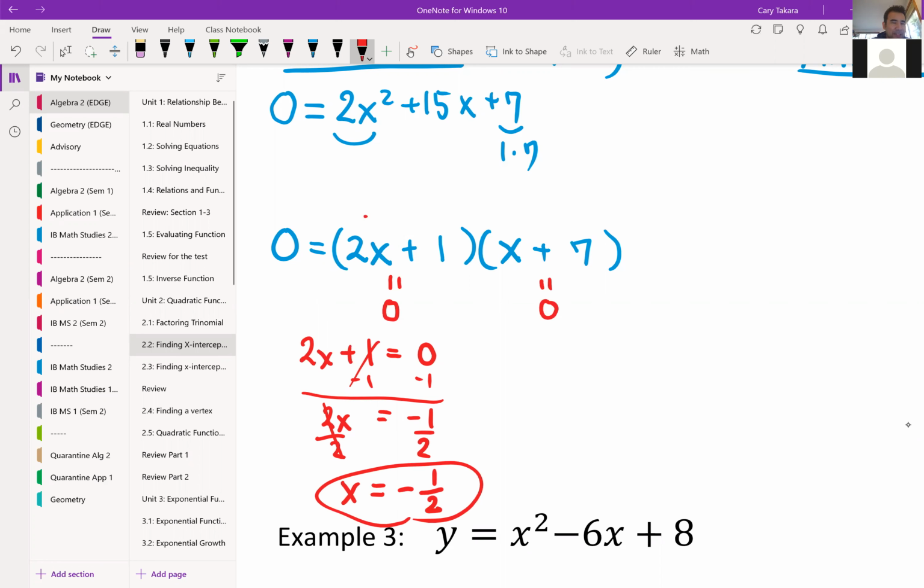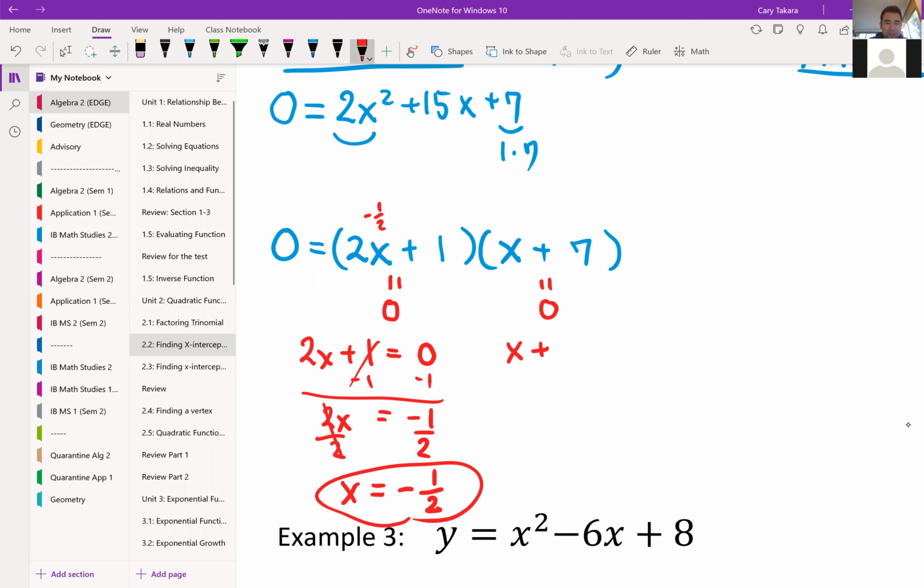Yes, that makes sense because 2 times -1/2 is -1. So now -1 plus 1 is 0, isn't it? And then for the other one, the answer will be -7. It's just the opposite number.